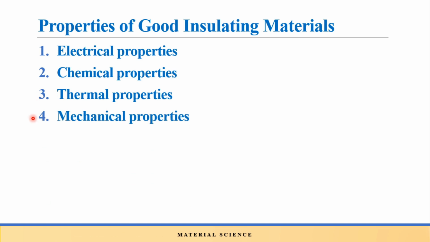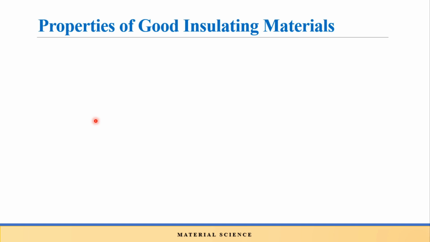And again, I need to consider the mechanical properties. If all these properties, that is electrical, chemical, thermal, and mechanical properties, are good, then I can say that these are good insulating materials. So we will discuss the properties one by one.